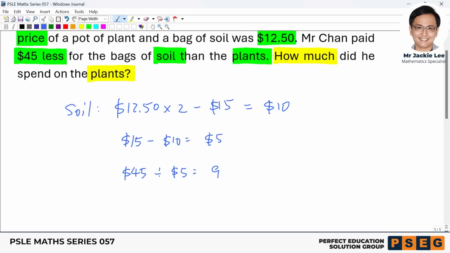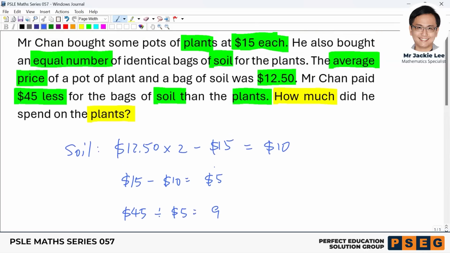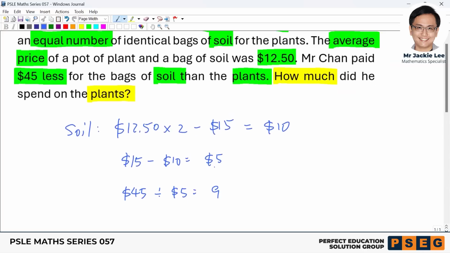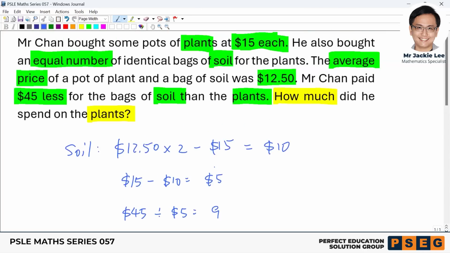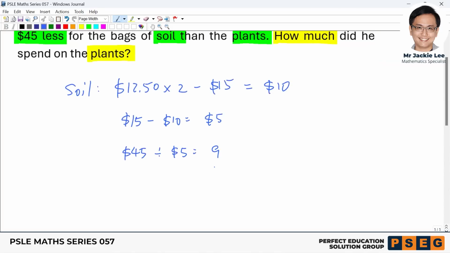It also implies that we have 9 bags, and 9 pots of plants. So at the end of the day, we are coming to the final step. The plant is $15, and he bought 9 of them. So the final answer is 135.